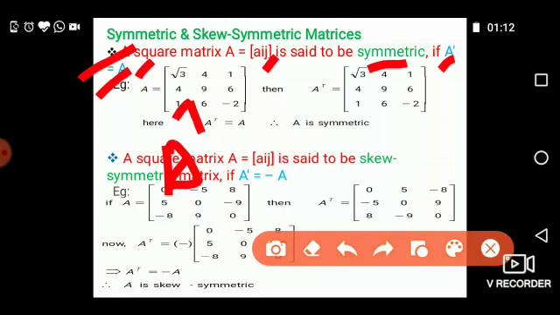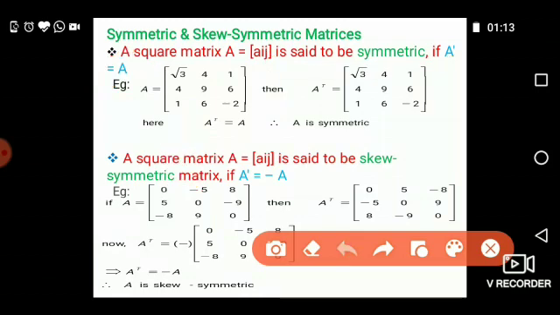For example, if matrix A has elements, this matrix is of order 3 cross 3. A is equal to root 3, 4, 1 in the first row. Second row elements are 4, 9, 6, and third row elements are 1, 6, minus 2. Let me take the transpose of the matrix A. The first row becomes the first column, root 3, 4, 1.